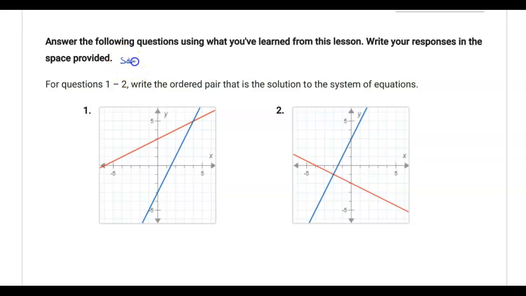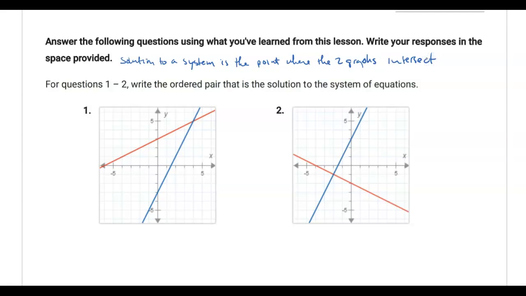So the solution to a system is the point where the two graphs intersect. That is the key part here to know and understand.